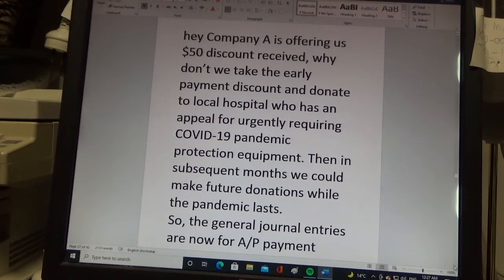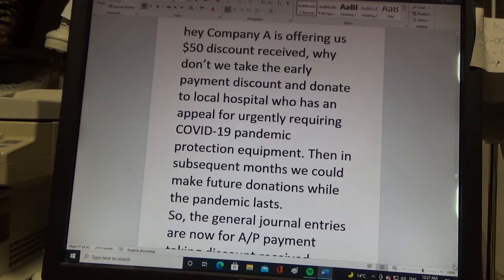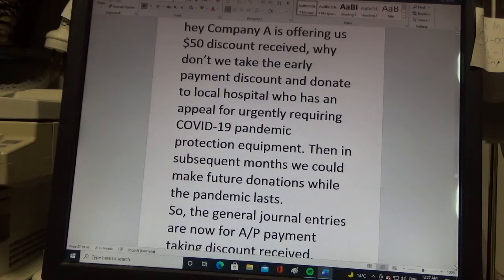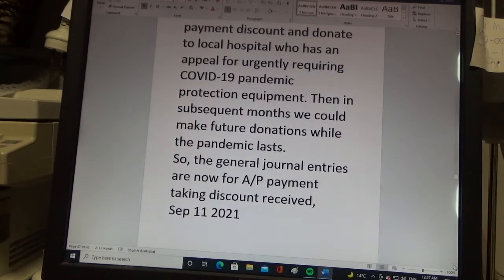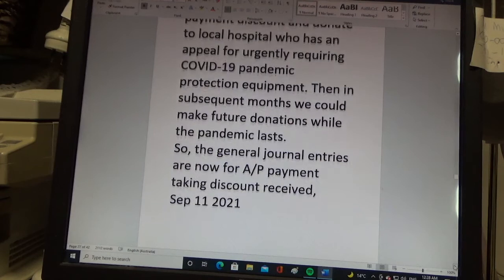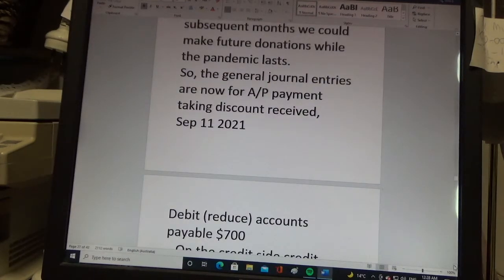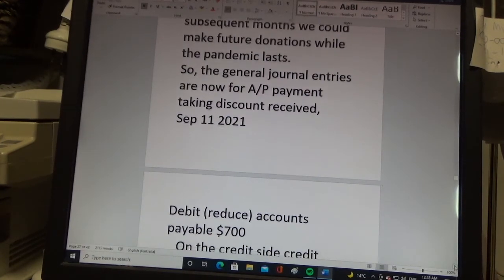So some social responsibility by the company, which is favourable for public relations too. Then in subsequent months we could make future donations while the pandemic lasts. So the general journal entries are now in the accounts payable, with something else added in, which is discount received.